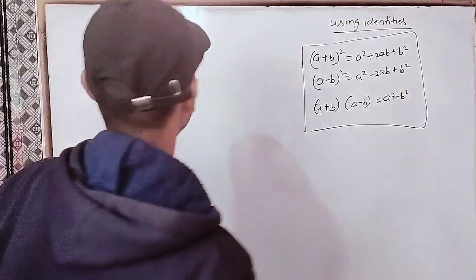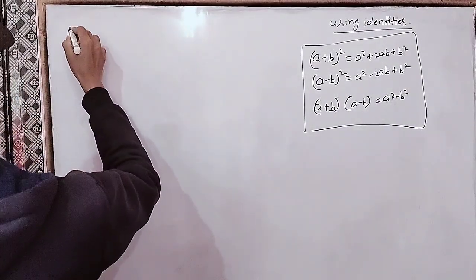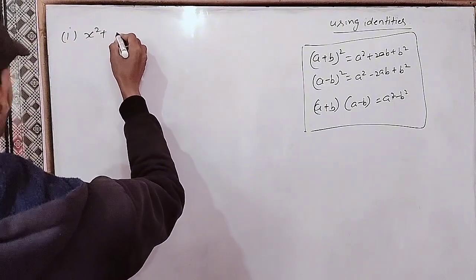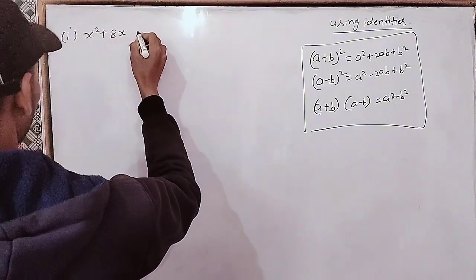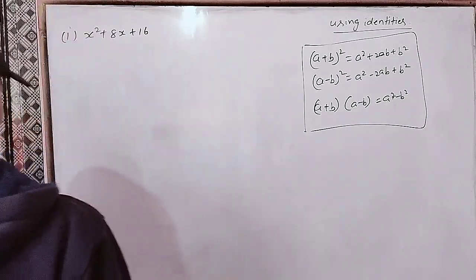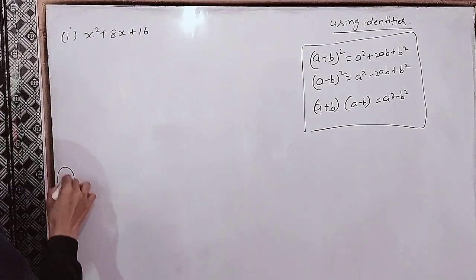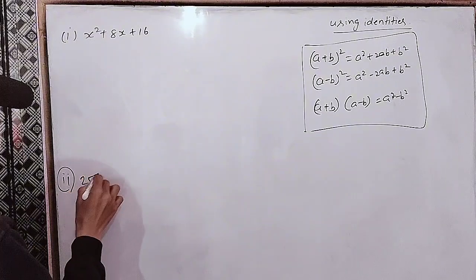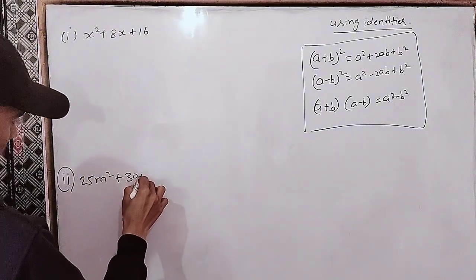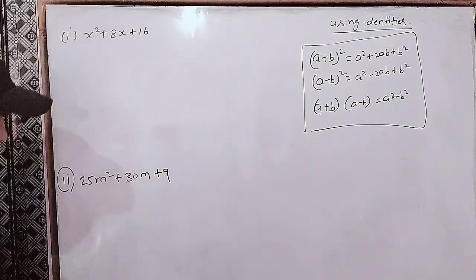The question is 25 x square plus 30 x plus 9.